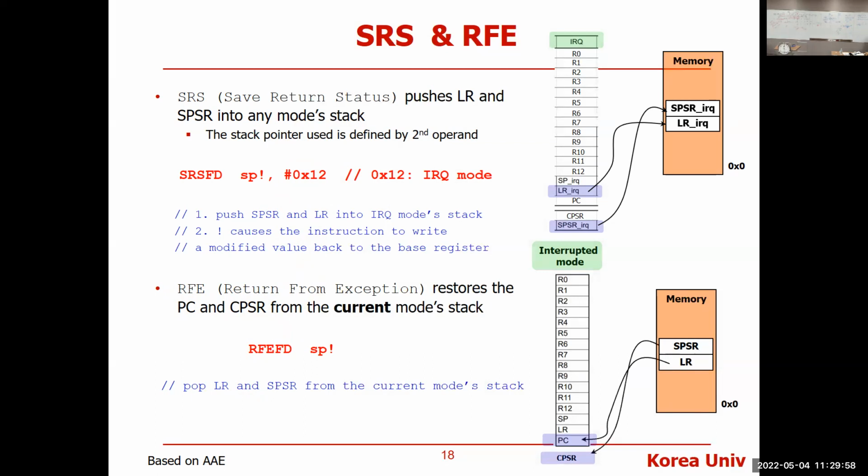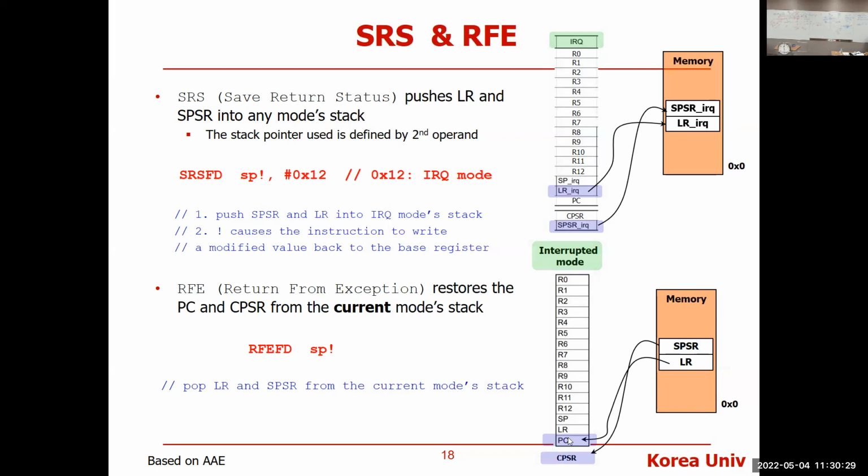You are reading from memory, then updating. Update what? CPSR, then the program counter. LR will be loaded into the program counter. You are returning from exception, so the program counter should be updated.